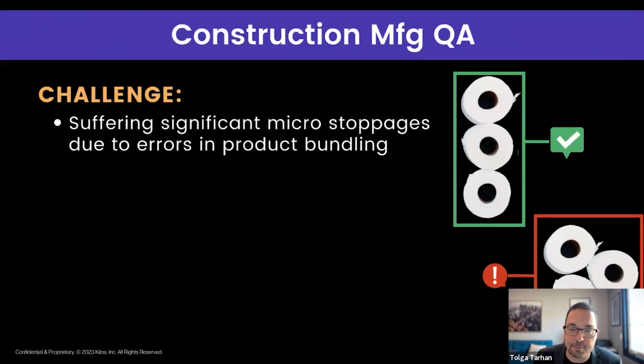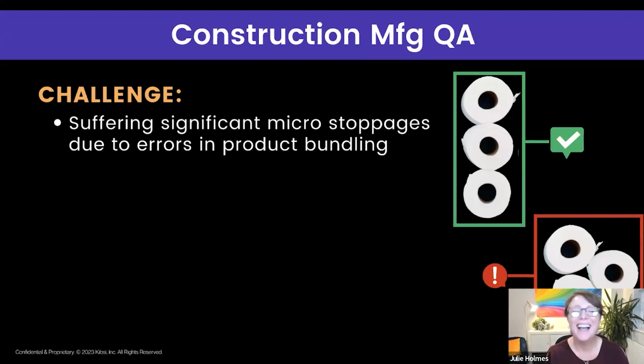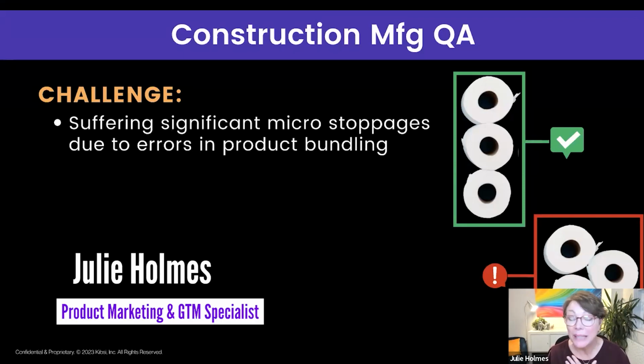But I'm going to make Julie explain why these are toilet paper pictures. Okay, all right. Here's the deal. We work with some great companies, and we work with some really big companies as well. And not surprisingly, some of these organizations have NDAs. But their use cases are so useful and valuable that I wanted to make sure that we could share them.